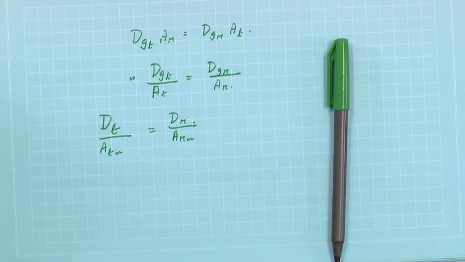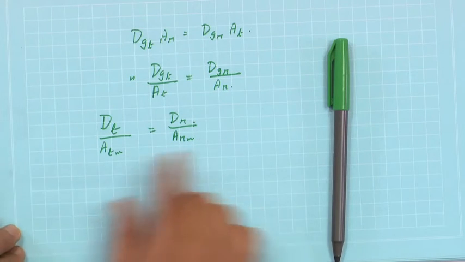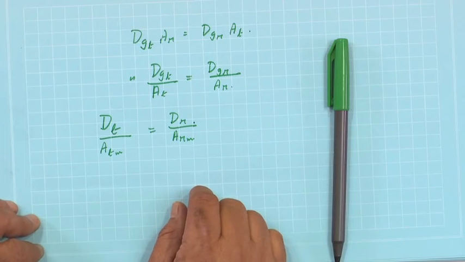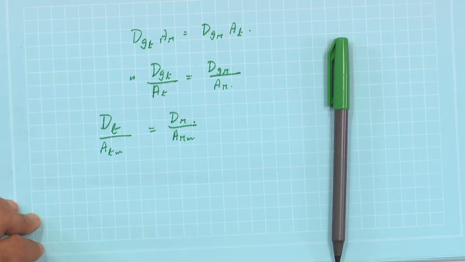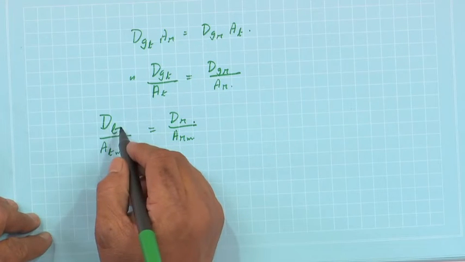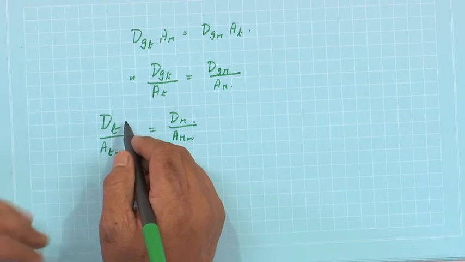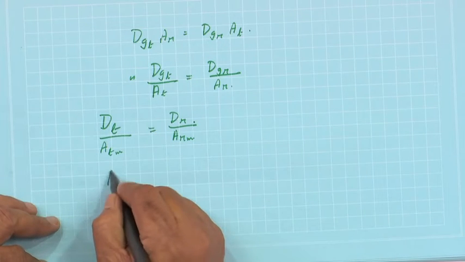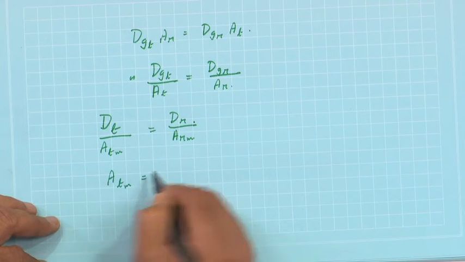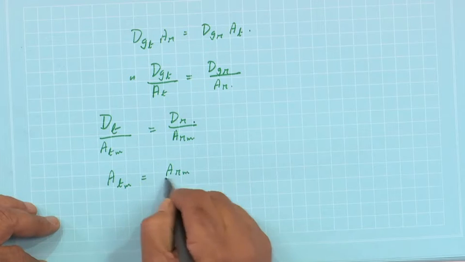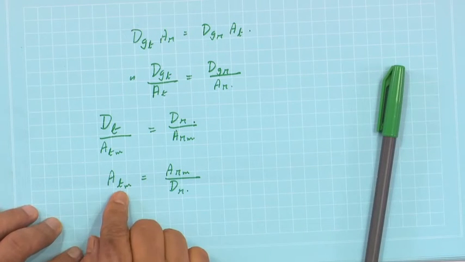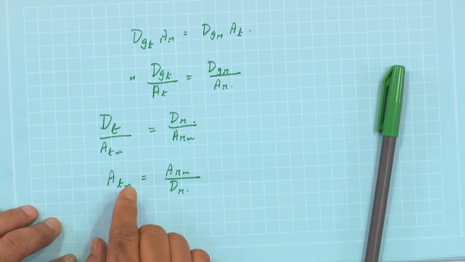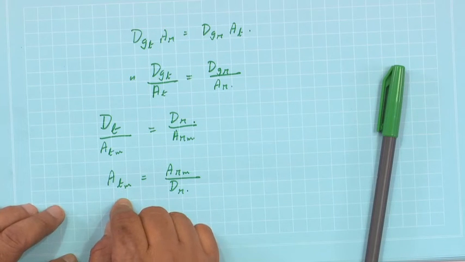Now, you see this relation is valid for all the antennas. Consider that the first one is an isotropic antenna. If it is an isotropic antenna, its maximum directivity is 1. So, we can write ATM is equal to ARM by DR. So, what is the maximum effective area of an isotropic antenna?